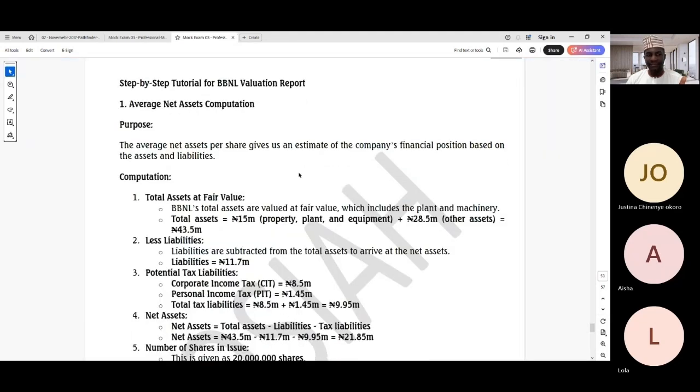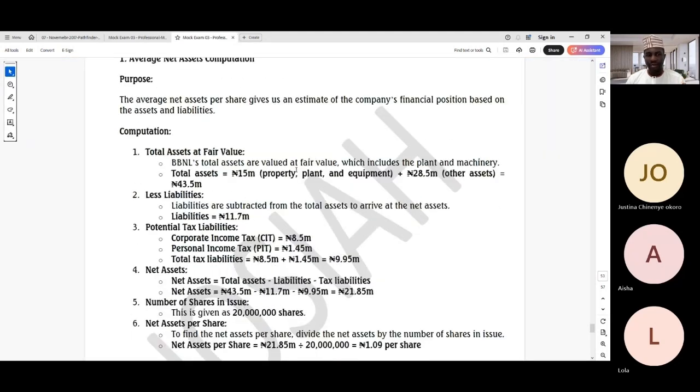So looking at the step-by-step valuation now, you see that BBNL's total assets are the fair value of their company that they want to provide for the acquisition company. So we have our total assets of BBNL as 15 million, which includes PPE, and other assets include 28 million, and everything in the asset base of BBNL is 48 million.